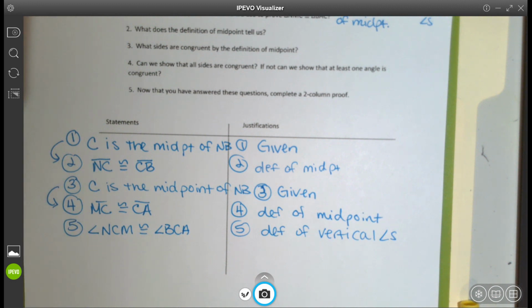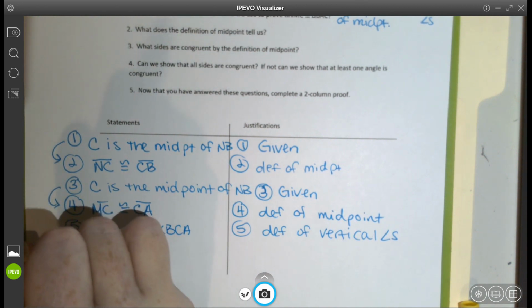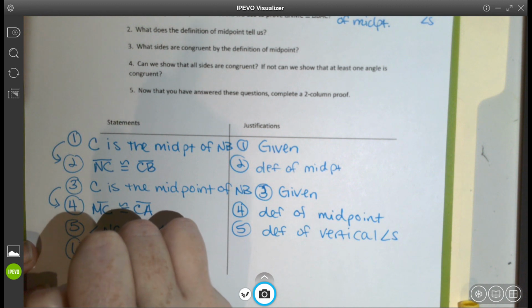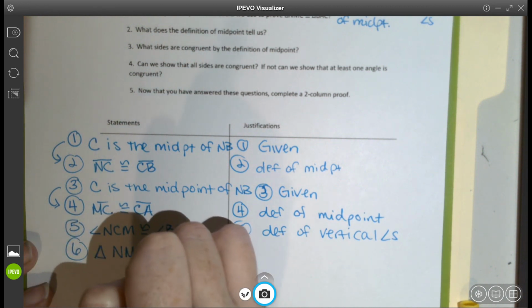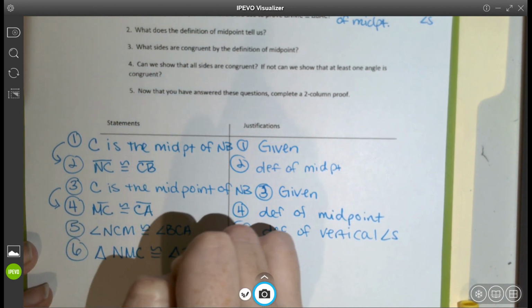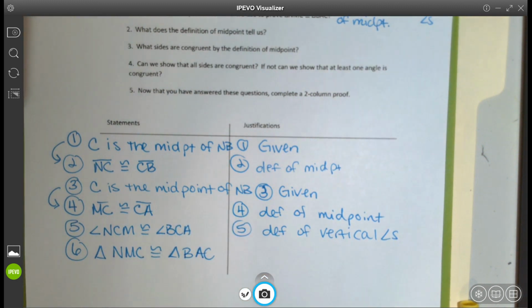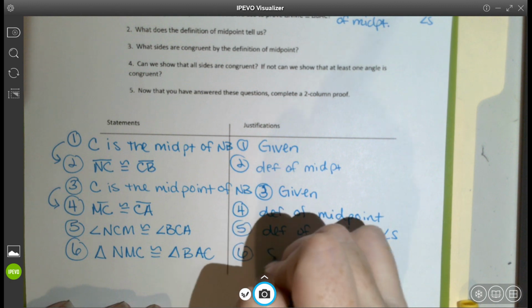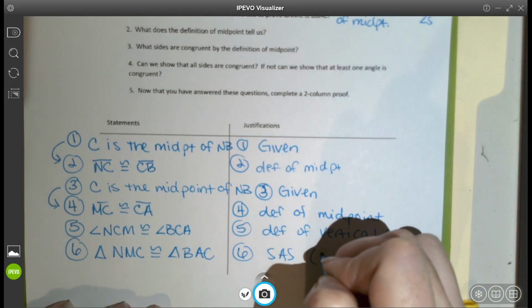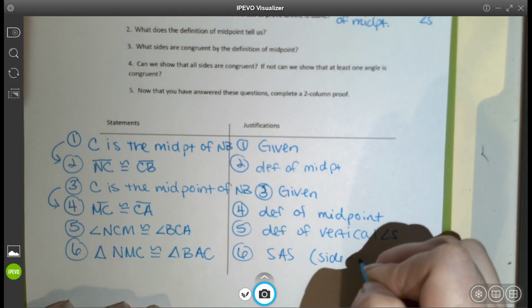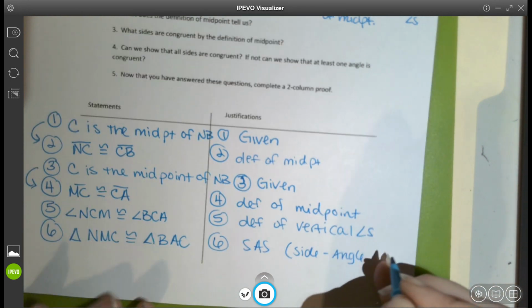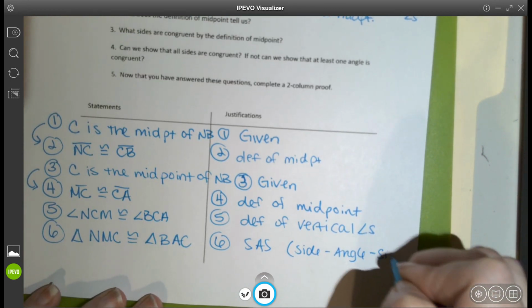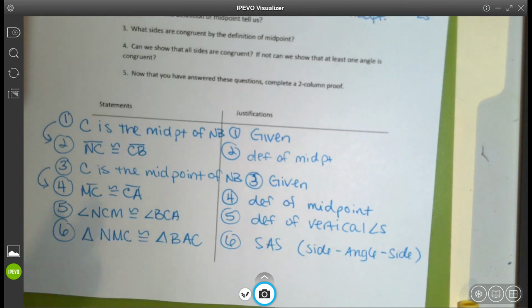Because we noticed that we have our 2 pairs of sides and angle included in between, we can say that triangle NMC is congruent to triangle BAC. Again, I'm using exactly the ways written in the proof statement. And we're going to say SAS. So you can write it out as side angle side, but I like to write the shortcut. That's the most common way. And then we are done with our proof.